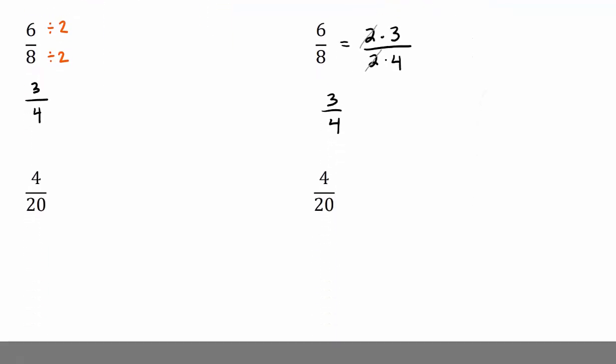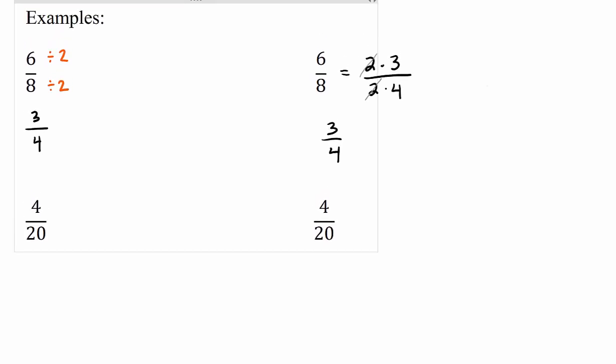Looking at another example, 4 over 20. 4 and 20 are each divisible by 4. 4 divided by 4 in the numerator is going to be a 1, and 20 divided by 4 in the denominator is a 5.